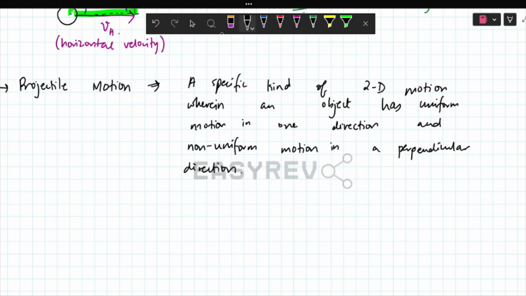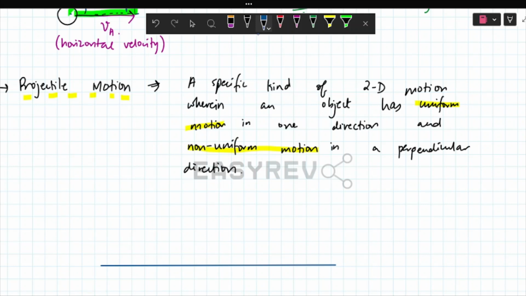Not only is this kind of projectile motion special in its definition, wherein you have uniform motion in one direction and non-uniform motion in a perpendicular direction, but it's also unique in the shape of the path or the trajectory in itself. We can draw that or represent it as follows. Consider this as level ground.